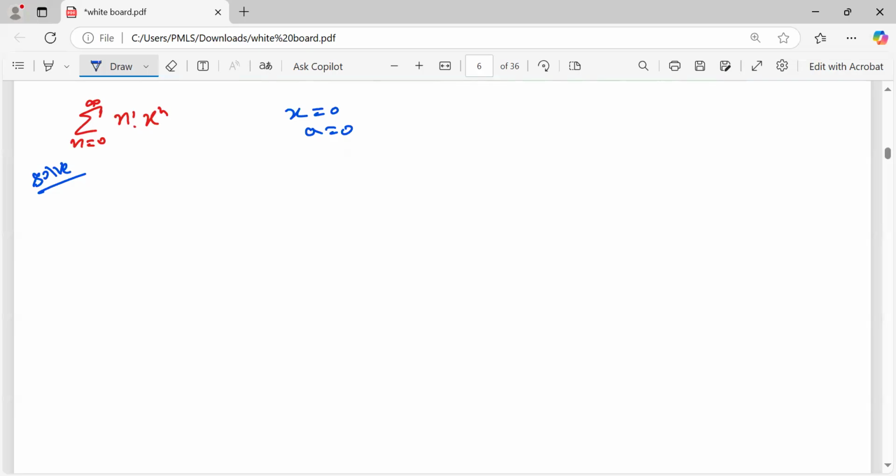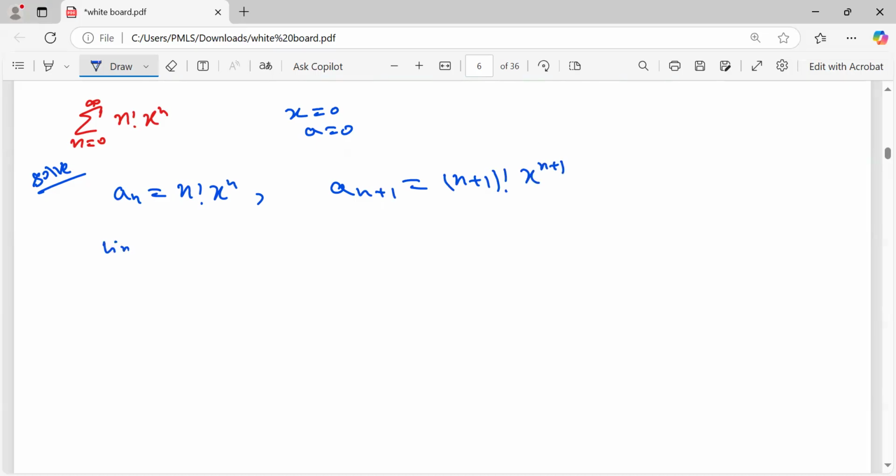Now the second thing we need to find is the radius of convergence and the interval of convergence. For this we will consider a n, that is n factorial times x to the power n, and a n plus 1 will be equal to n plus 1 factorial times x to the power n plus 1.